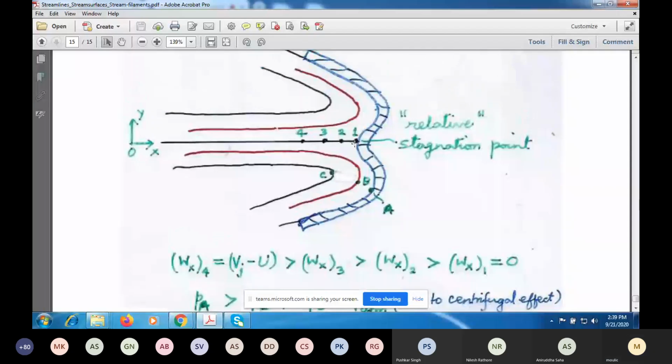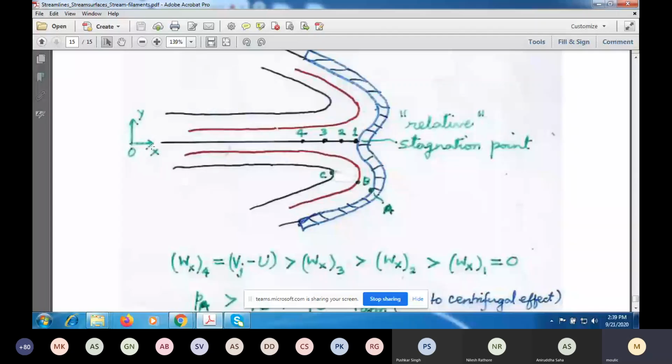So if this here, of course, I've drawn it in blue. If you look at the tangent to the vane at point 1, that is vertical, that is parallel to OY. Okay. And if you look at the tangent to this central streamline, say that is the line segment 2-1, that is horizontal or parallel to OX.